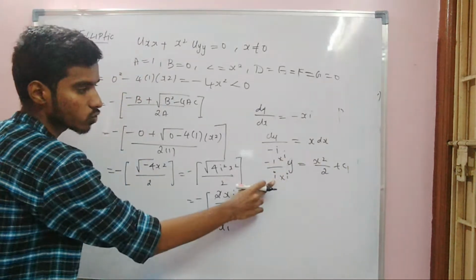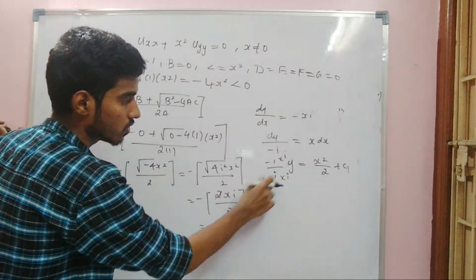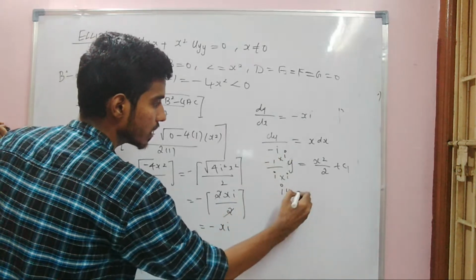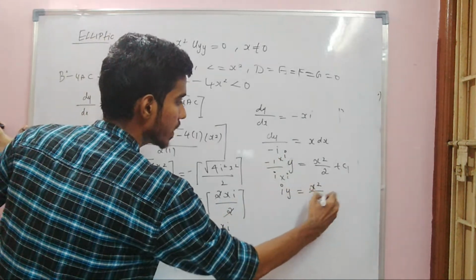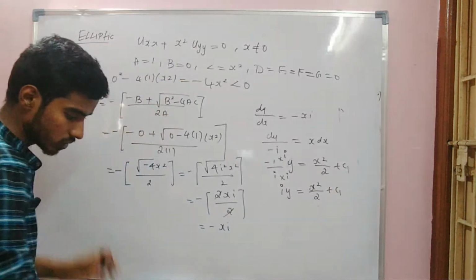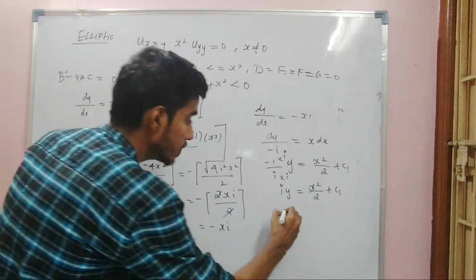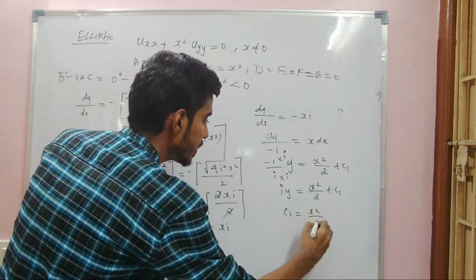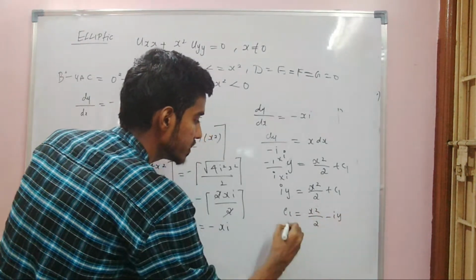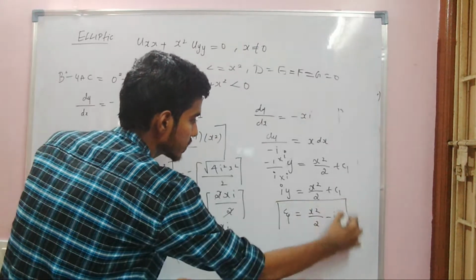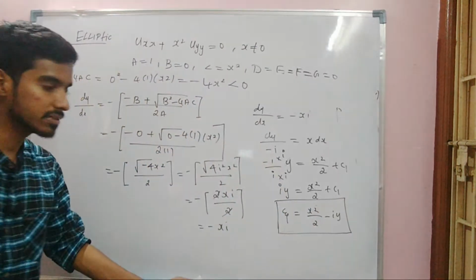So i square will be minus 1. So here we have minus i by minus 1, so we have plus iy is equal to x square by 2 plus c1. So therefore c1 will be x square by 2 minus iy, that is theta is equal to x square by 2 minus iy.